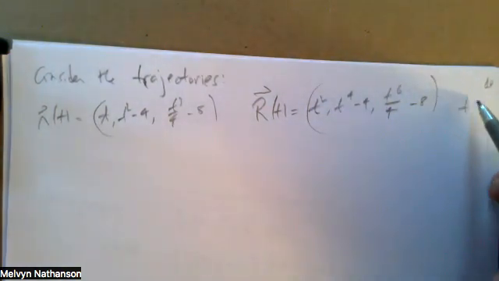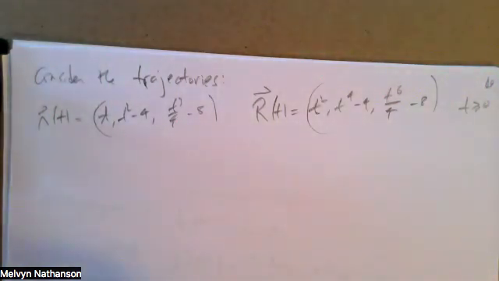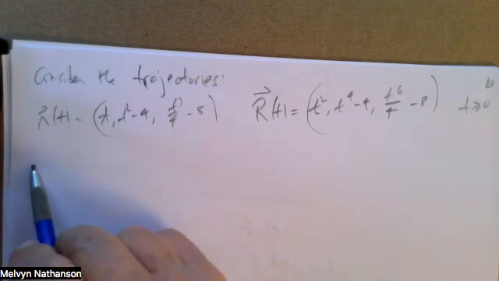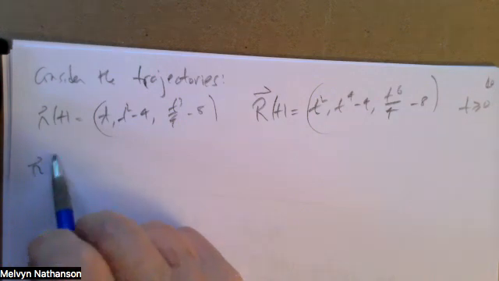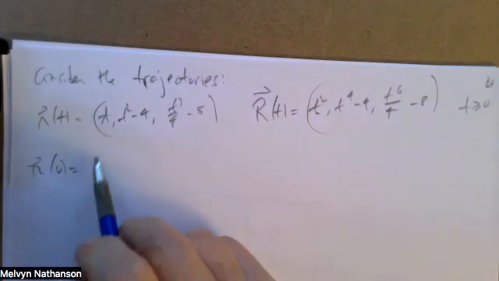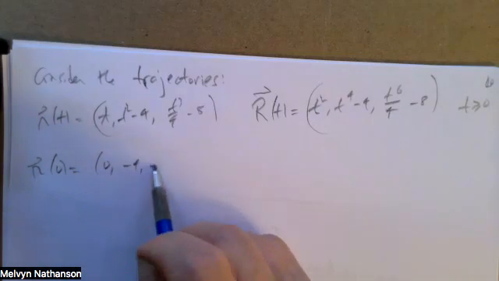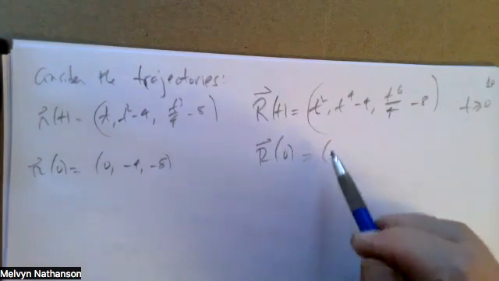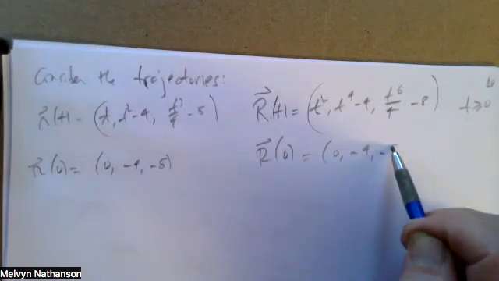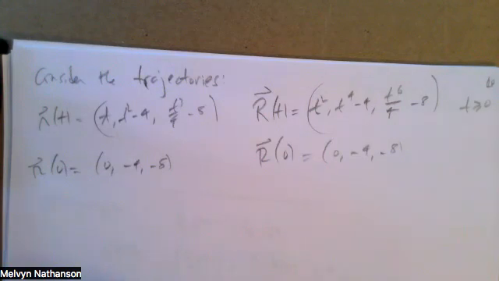And we want to look at both of these trajectories for t greater than or equal to 0. So at the starting point at time t equals 0, r of 0 is at 0, minus 4, minus 8. And capital R of 0 is also at 0, minus 4, minus 8. So those two particles are starting at the same place.